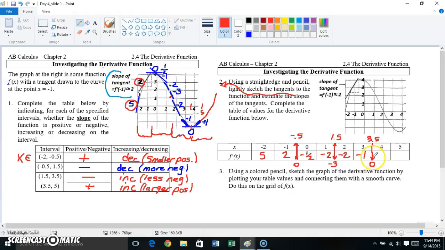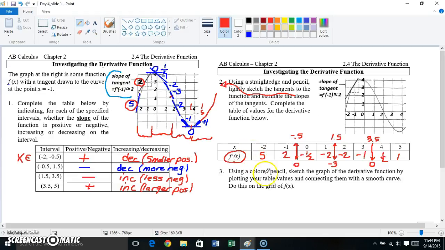All right, at 4, maybe 1/2, and at 5, 1. Okay, so these values represent the slopes. This is the slope of the function at those particular points.